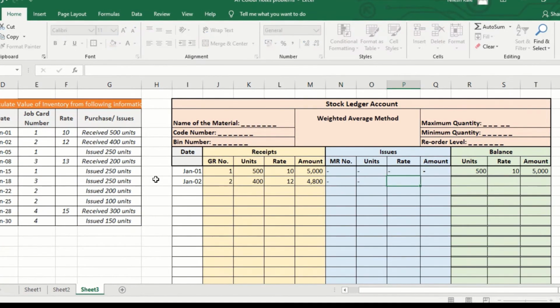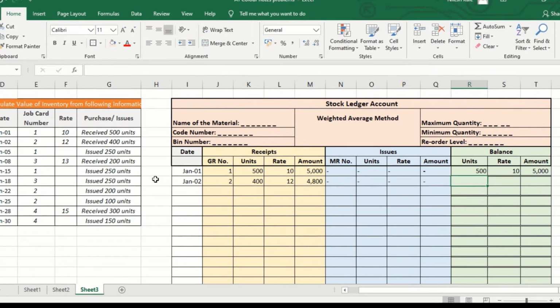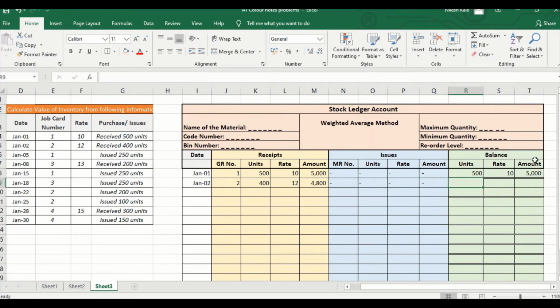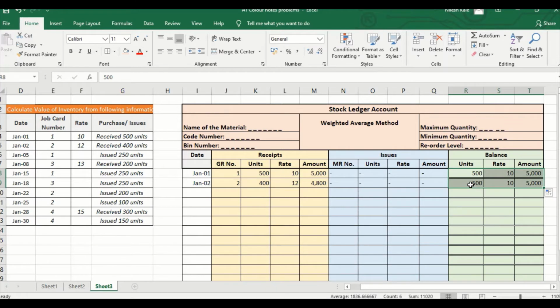We have not issued anything as on that date, and now the balance is this 500 into 10, that is 5000. I will just copy from above, and then I will enter a new row, 400 units at rupees 12. 400 into 12, that is 4800, is the new balance as on 2nd January.